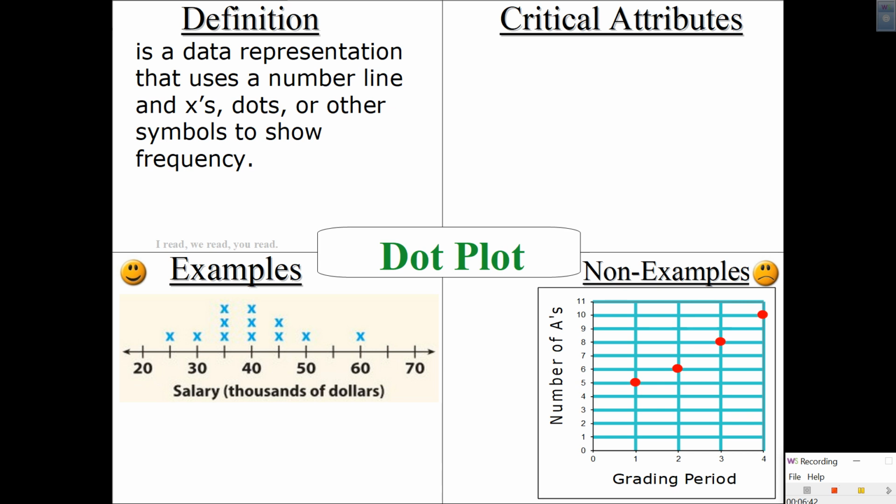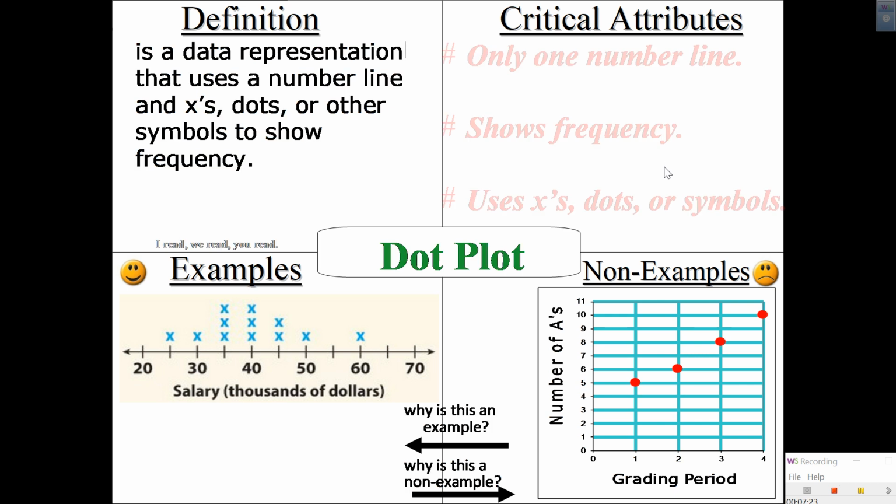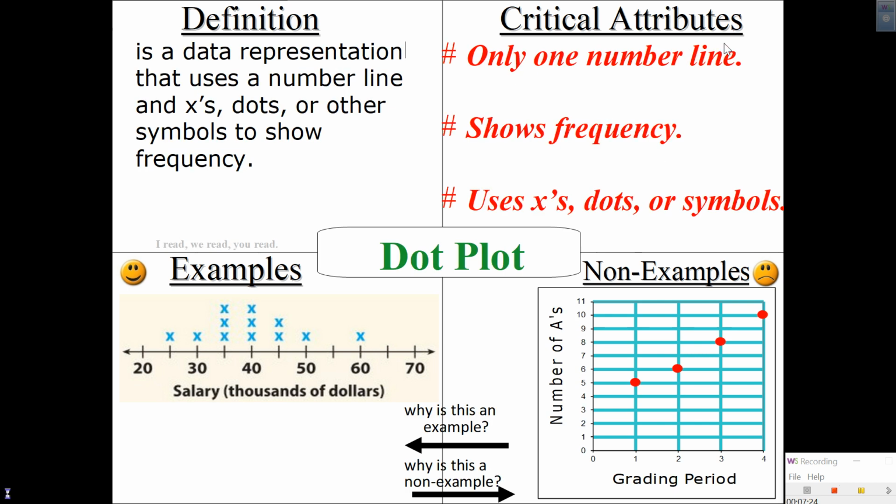Pretty straightforward, yeah? You guys remember these? Okay, good. So hopefully you know why these are dot plots and why these are not. So just for the sake of time, hashtag: only one number line, shows frequency, uses X's, dots, or symbols.